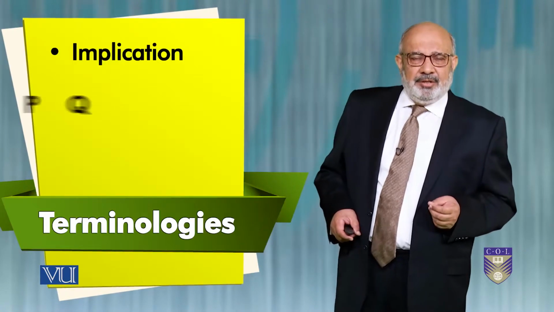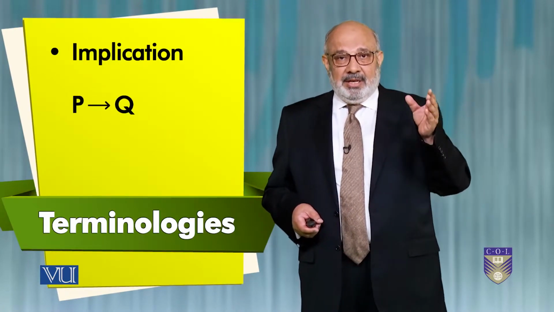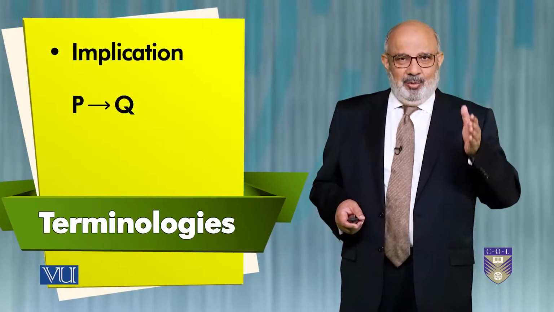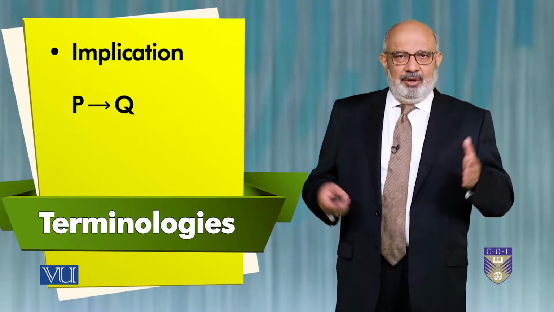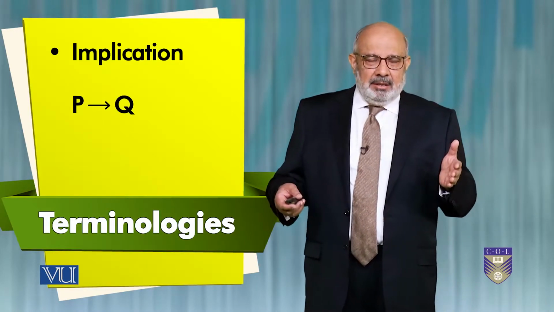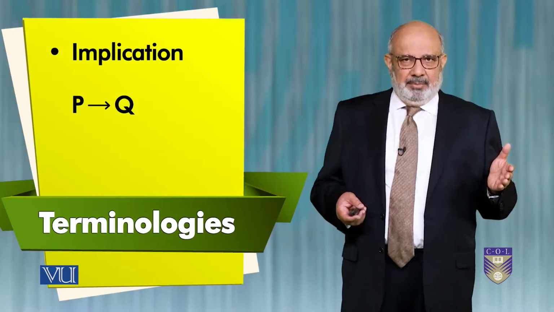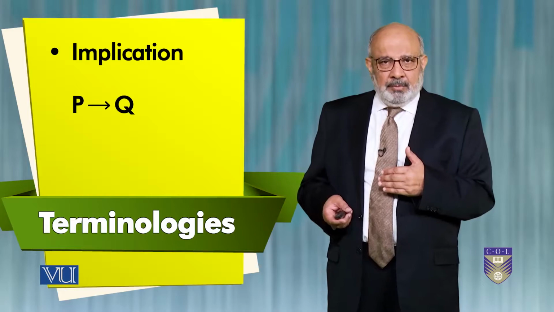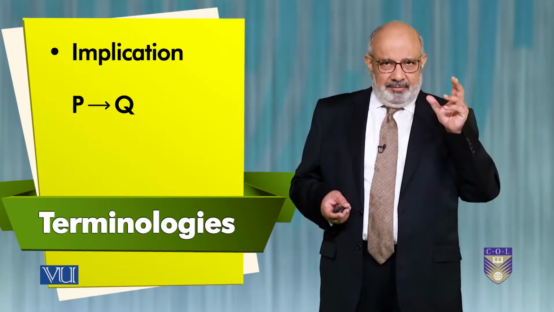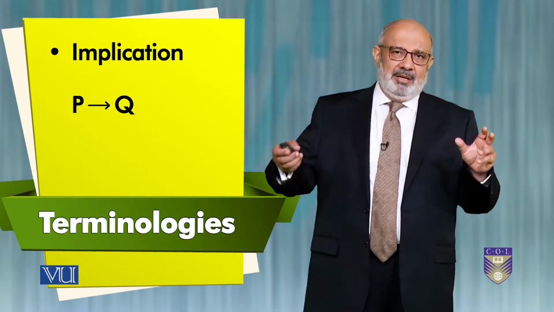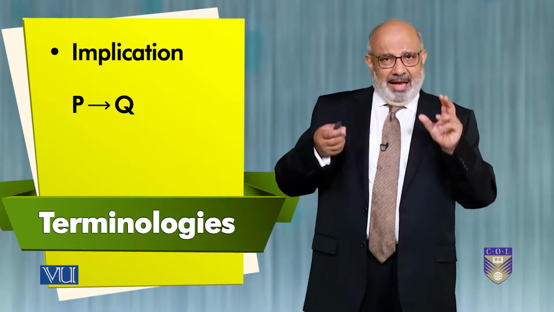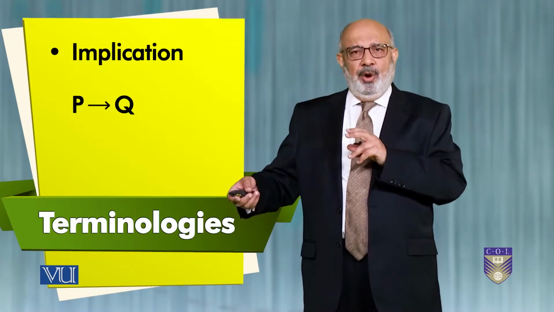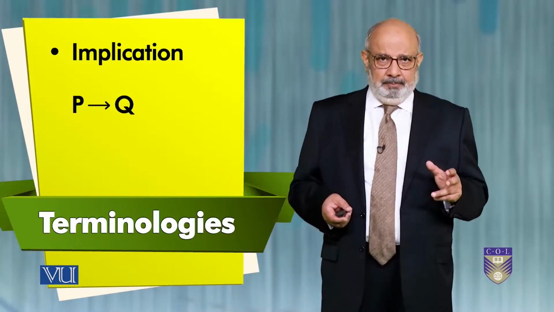Some of the terminologies: implication, for instance, is one of the logical connectives, which can be represented, for example, as P implies Q, where P is some statement, idea, or concept. This means that if there's something called P, which can represent a basic concept, and if that is true, then a corresponding other concept, Q, is also true.